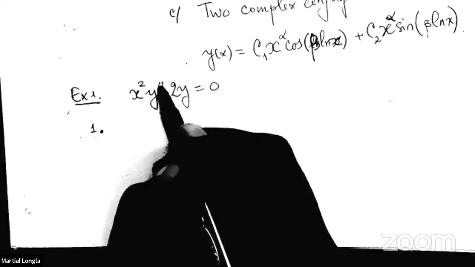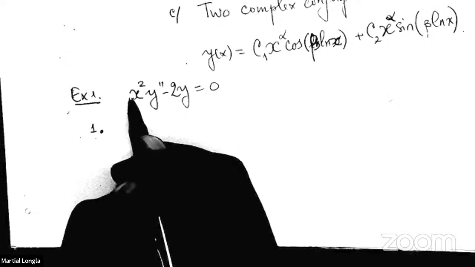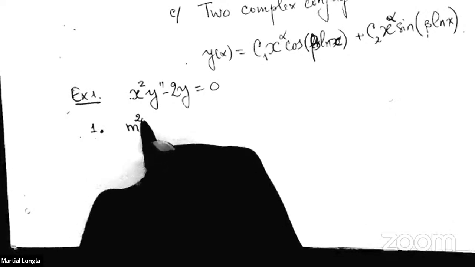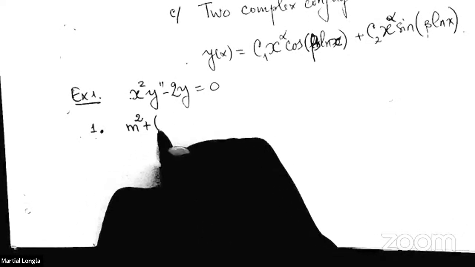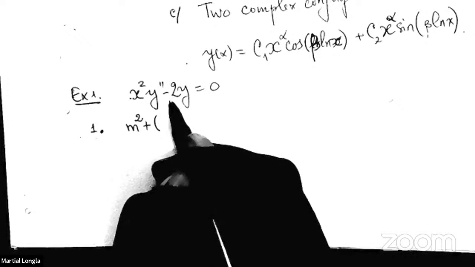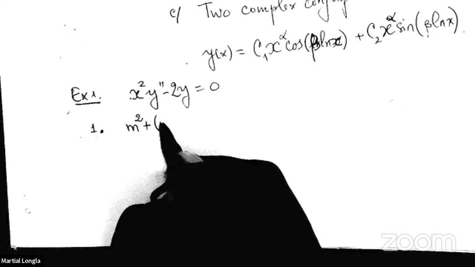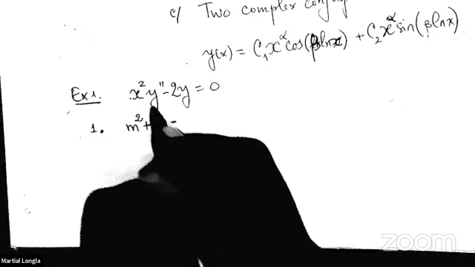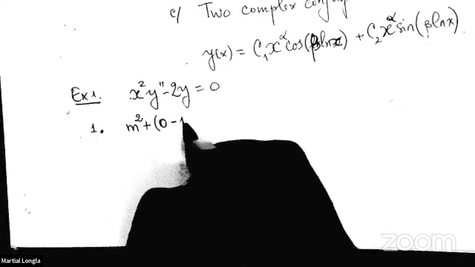X squared y double prime, that means the a is 1. So here you get m squared plus b, b is the coefficient in front of x y prime. There is no x y prime, so b is 0. Minus a, which is 1.